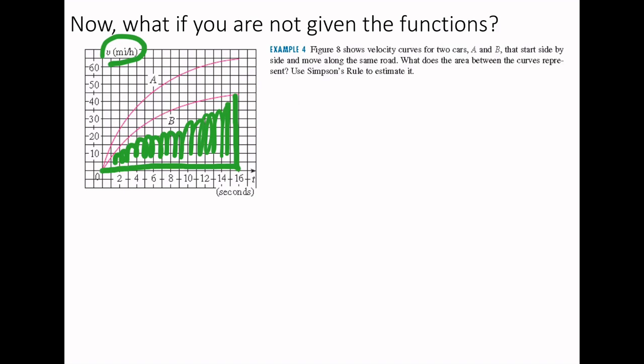If I make that feet per second, that would be for my height of any rectangle. If I looked at a rectangle here, my height would be given in feet per second. My base would be given in seconds.